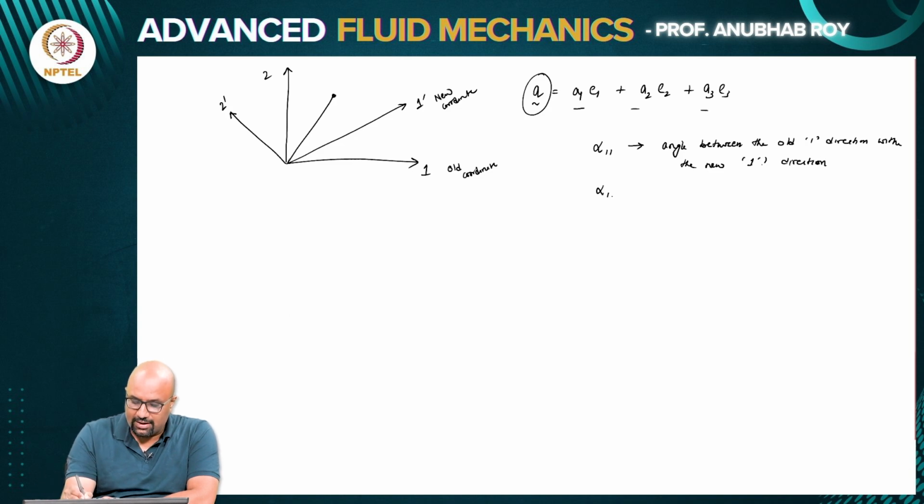Similarly, if I write this as alpha 1 2, it would be the direction angle that is between the old 1 direction with the new 2 direction.